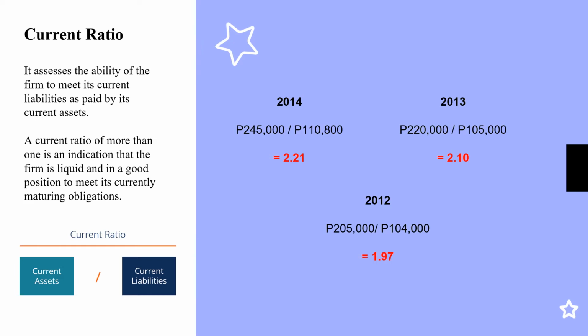No? So, in analyzing, we will also look at why the ratio we computed increased. Which part of our current assets or current liabilities increased or decreased? Each account inside the current assets and current liabilities can have a significant meaning. So, as I said, if the ratio we compute is high, and we found out that our cash had a huge increase compared to the previous years, maybe there is something wrong, or maybe that's good.